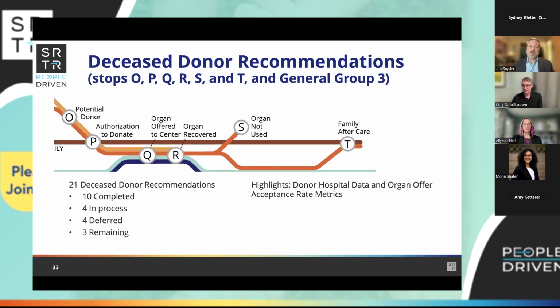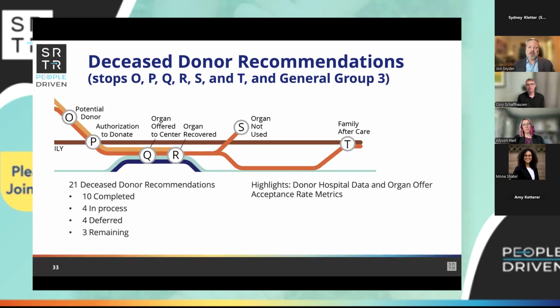This next set pulls us into the top portion of our subway map, which is dedicated to the deceased organ donation component of the system, through our donor hospitals and our organ procurement organizations that manage this phase of the process. It starts from stop O, where we might have a potential organ donor in one of our donor hospitals, all the way through that authorization process and the organs being offered to the centers and the patients themselves.